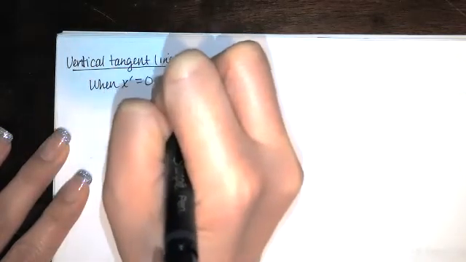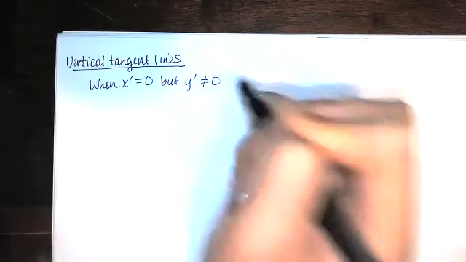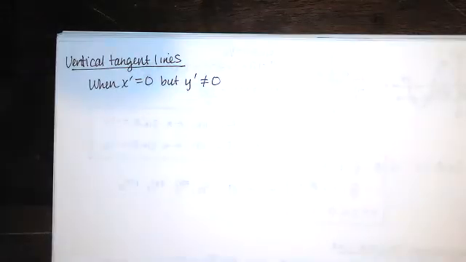Now vertical tangent lines. We have vertical tangent lines when x prime is 0, but y prime isn't 0. And we've already done some calculations for that.